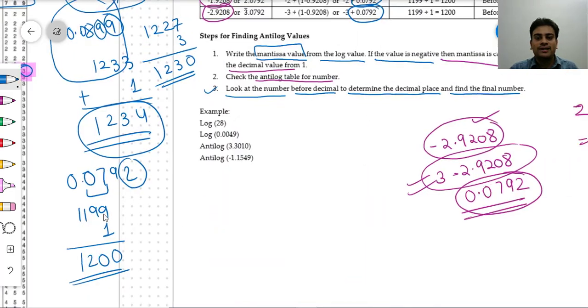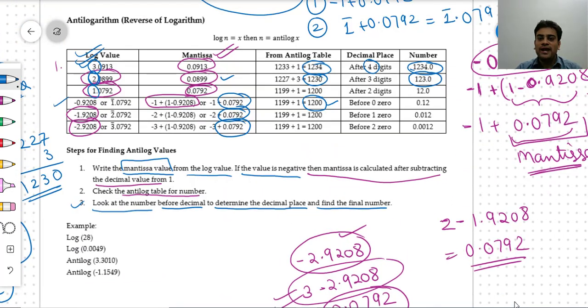Now, with the same process, you need to determine the decimal place. So in case of negative log values, how do we find the decimal place? The value from the anti-log table is 1200 and my log value is negative 0.9208, right? So we need to look at the number before decimal. In this case, my number before decimal is 0.